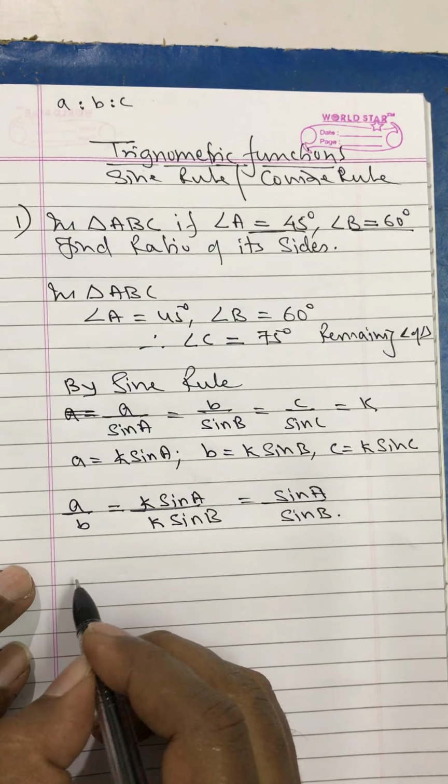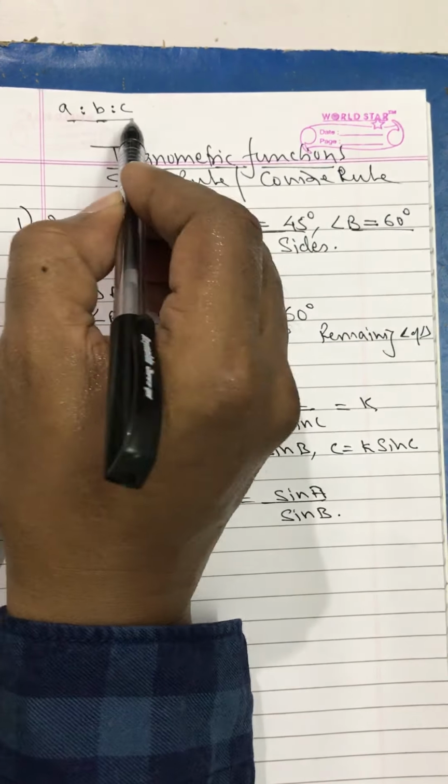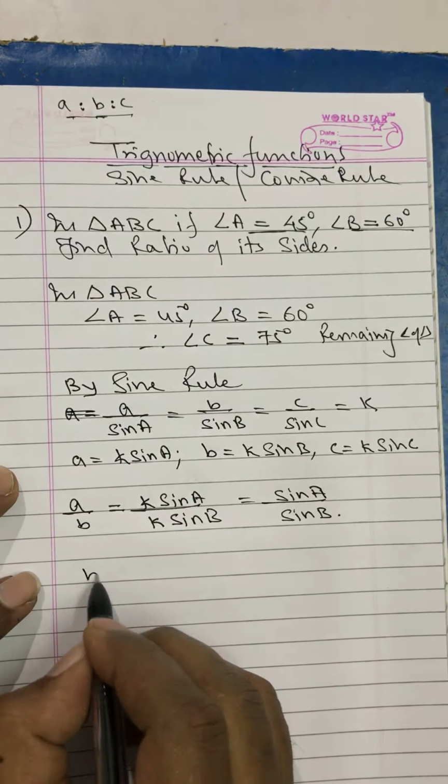Fine. And then I want b is to c. b is to c will be equal to k sine B upon k sine C. That will be again sine B upon sine C. So from 1 and 2 we get a is to b is to c.